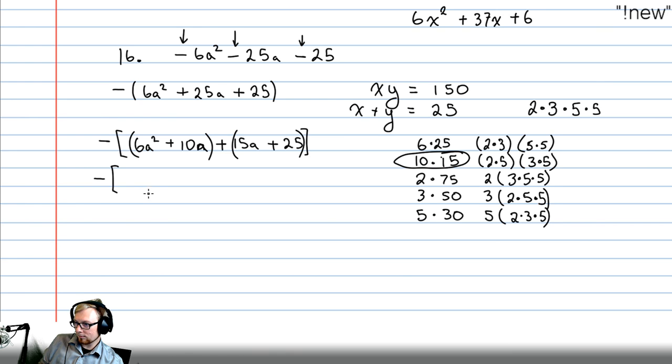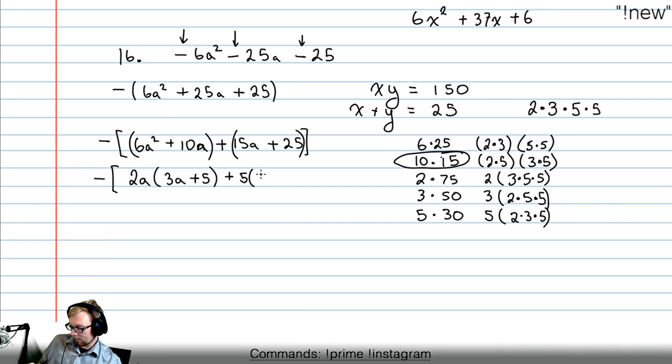All right. Take out 2a, 3a plus 5 outside. Okay. Then you drop down your plus sign. Your greatest common factor for 15 and 25 is 5. Parentheses 3a plus 5.